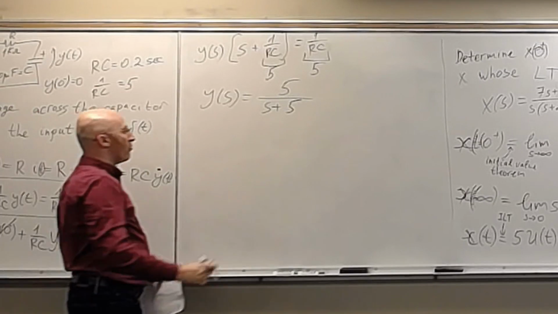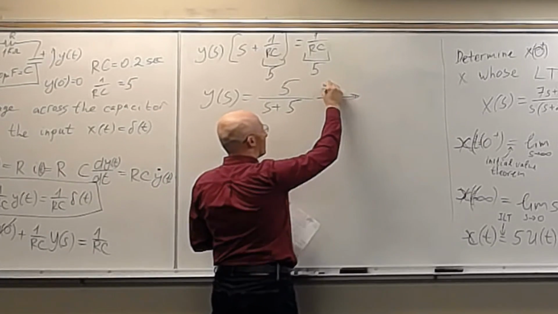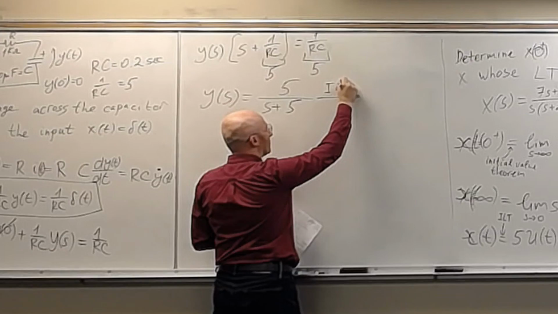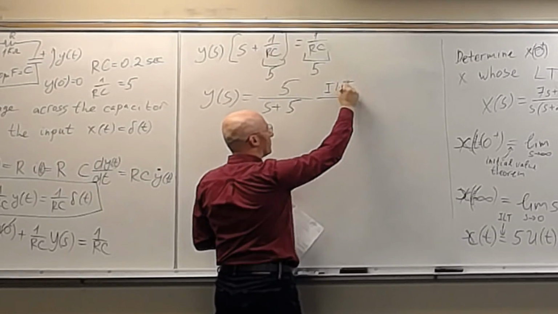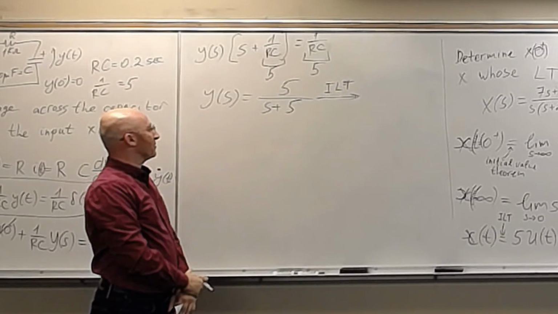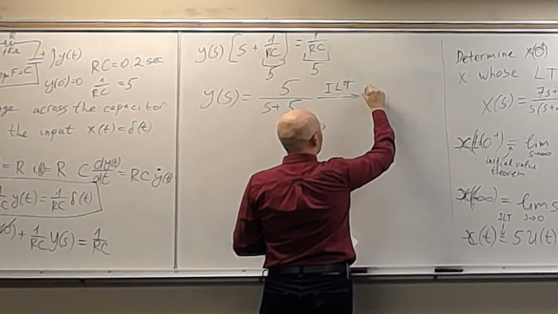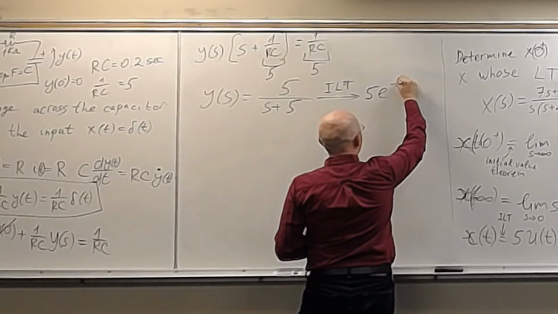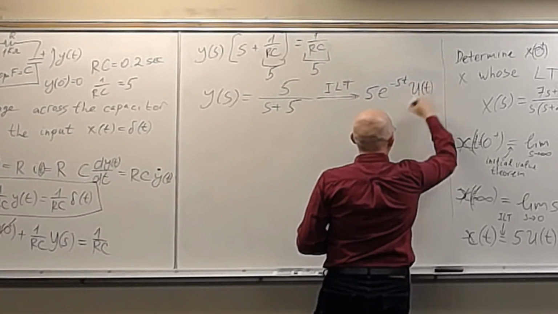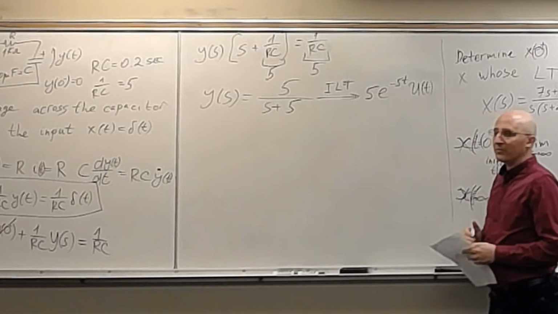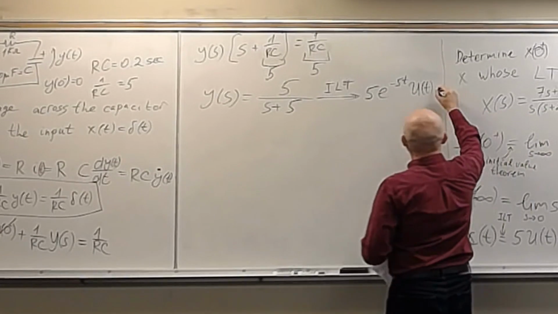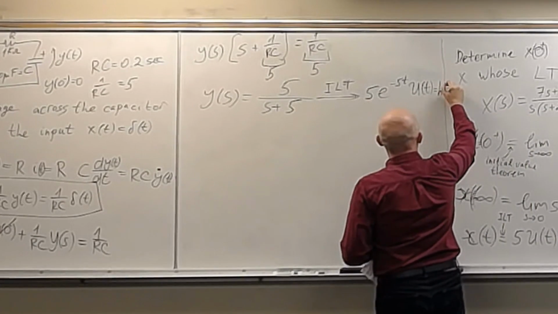And you're supposed to know what is inverse Laplace transform of that thing. This is exponent minus 5t times 5. This is output. This is basically h of t.